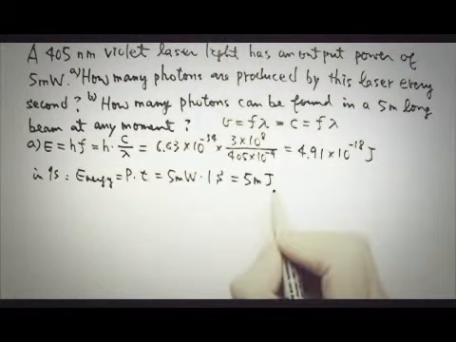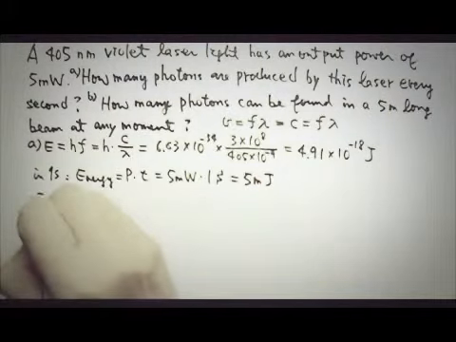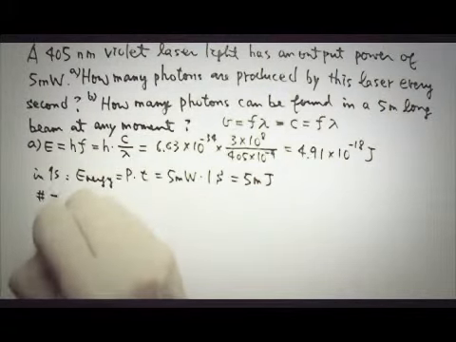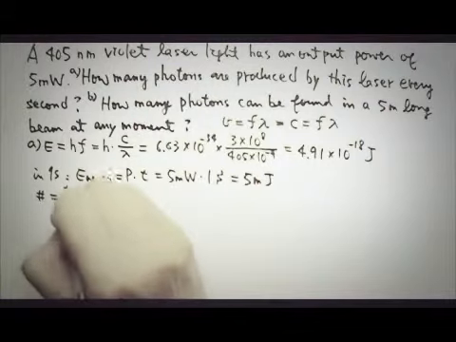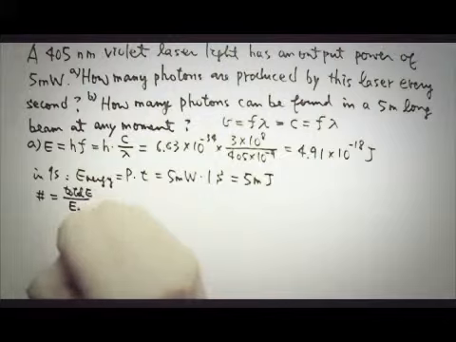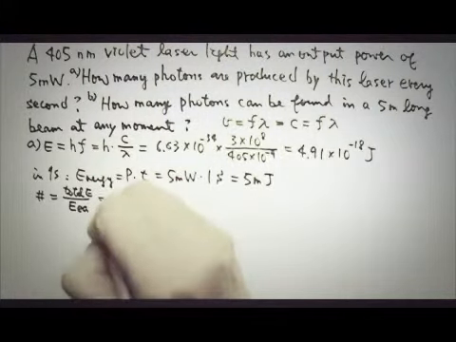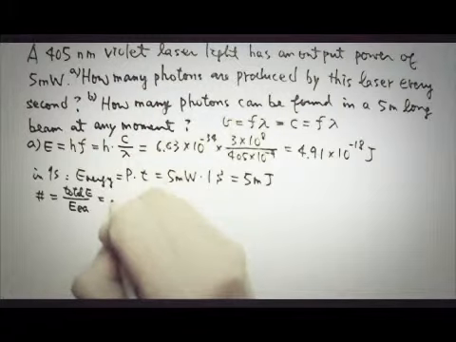That's the total energy produced by this laser beam. And we want the number of photons. The number of photons will be the total energy divided by how much energy each photon provides. If we divide the total by how much each provides, we can get the number of photons.